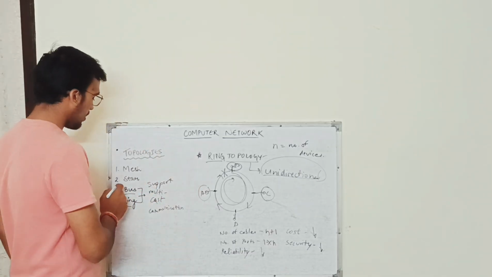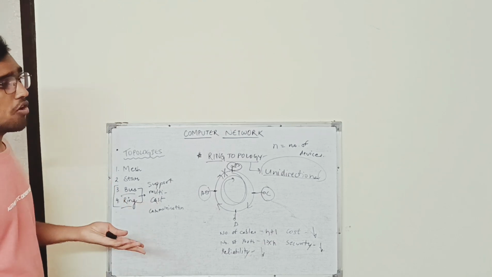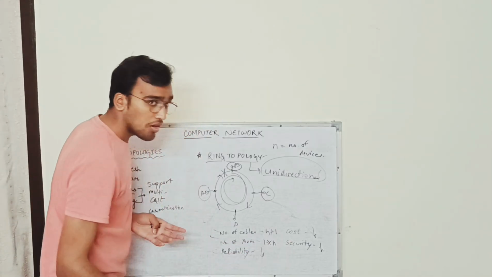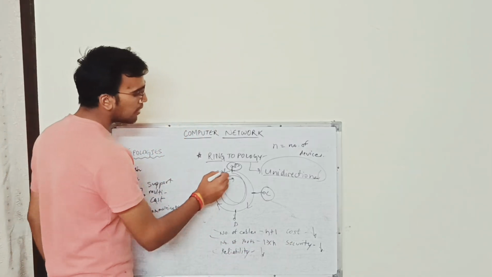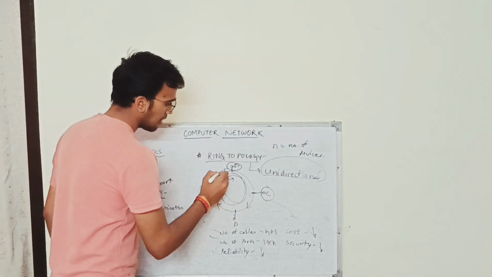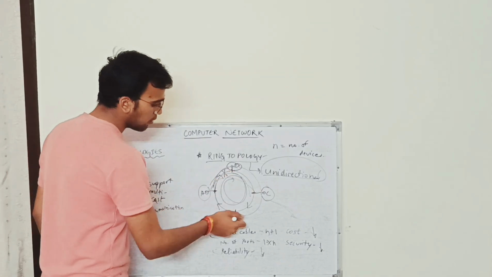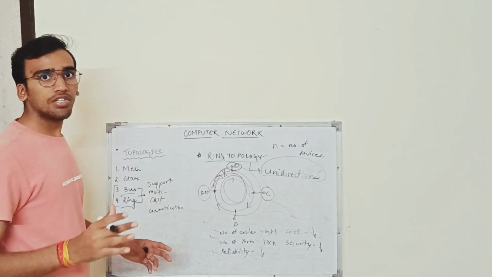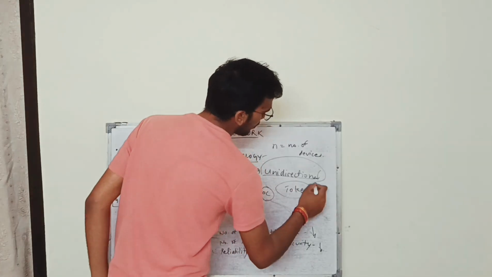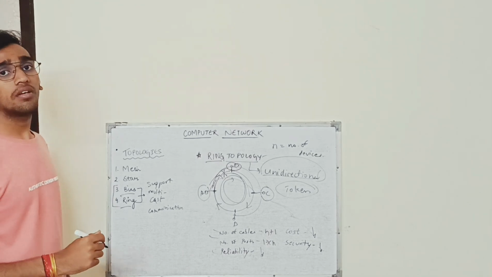Because of the unidirectional transmission, there is a collision of data. It gives to this, then this, then this: A to D, A to B, A to C. Then there is a collision, so they use a token device to reduce the collision. Both use a token device to reduce the collision.